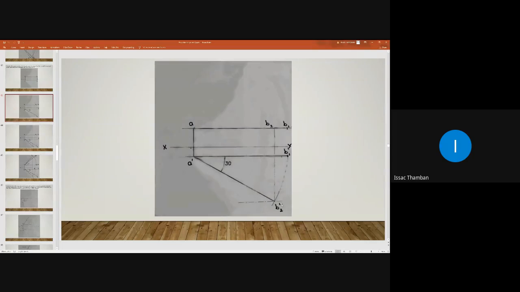Draw a 30-degree line, then take 100 mm in your compass and with A dash as center, draw an arc and intersect the 30-degree line at point B2 dash. After this, project upwards and obtain the position of B2 in the plan.